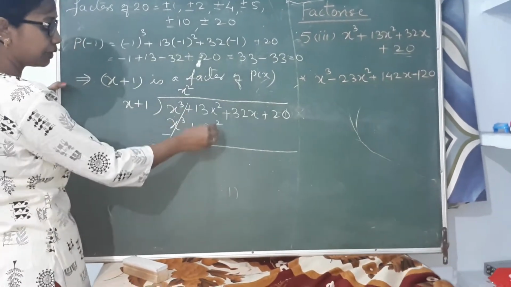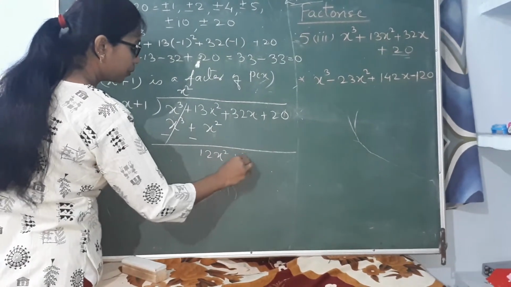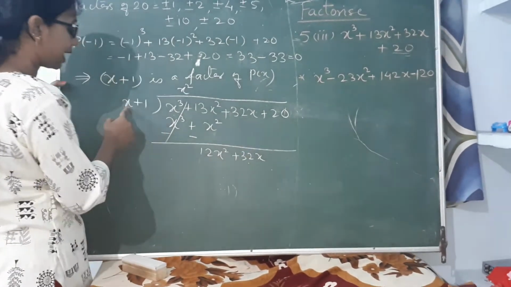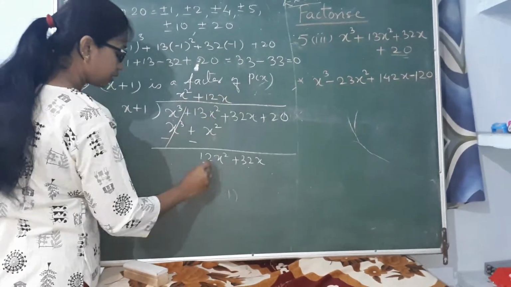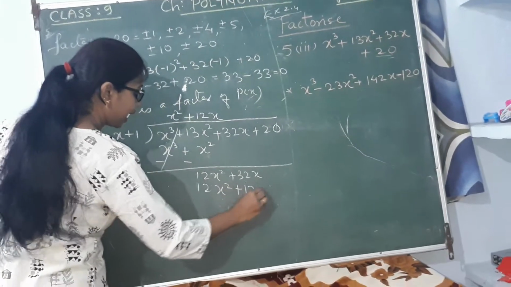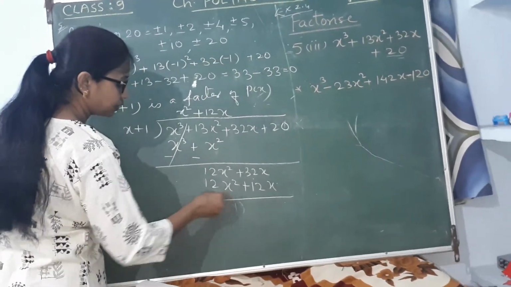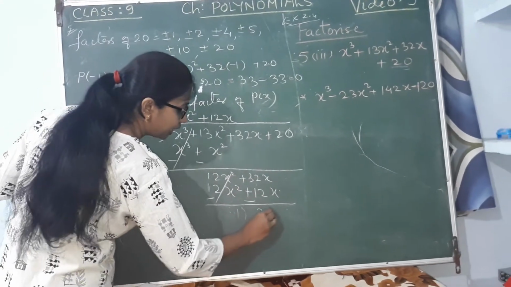First term cancels, 13 minus 1 is 12x square plus 32x as it is. X into what gives you 12x square? 12x. So 12x square plus 12x. Change the sign. First term cancels. 32 minus 12 gives you 20x.